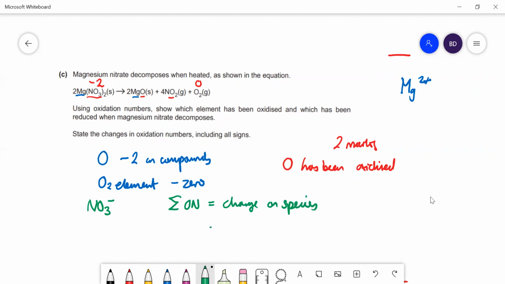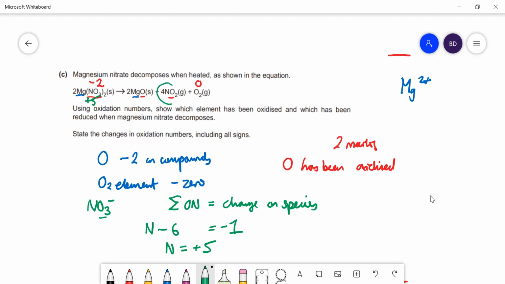The charge on the nitrate ion is -1. Nitrogen we don't know, so let's call that N. Oxygen is always -2, so that's 3 lots of -2, that's -6. Do a little bit of algebra there. So N, take that 6 to the other side, is equal to +5. So nitrogen's got an oxidation number of +5 there.